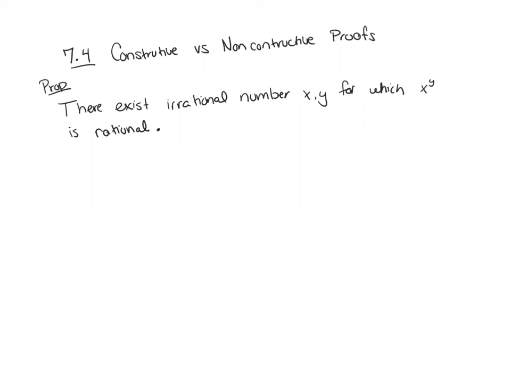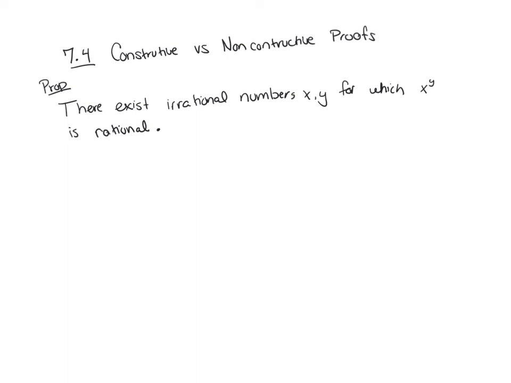This next proof is somewhat of an example of a non-constructive proof, and I really like it. It's one of my favorite proofs. Let's see how this actually works. I want to show that there exist irrational numbers x and y for which x to the y is rational.